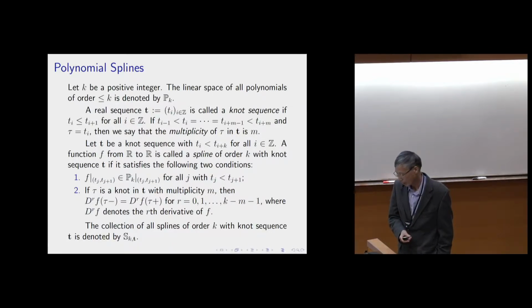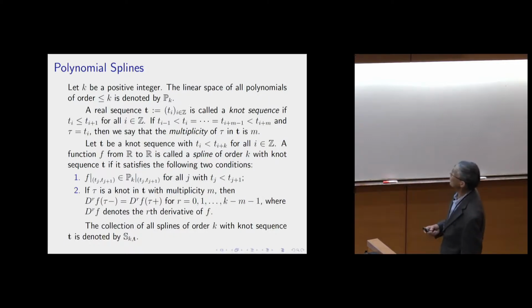Then polynomial splines: on each interval it is a polynomial of order k, meaning degree at most k minus 1. Also, each node is allowed to be a multiple node.